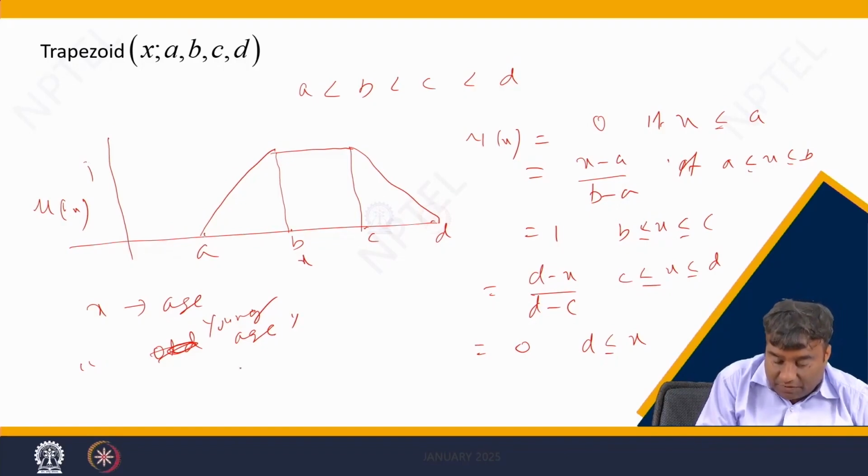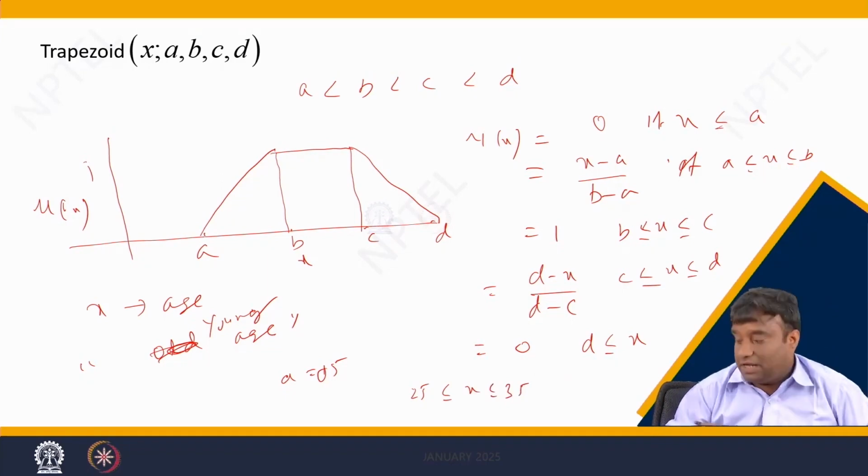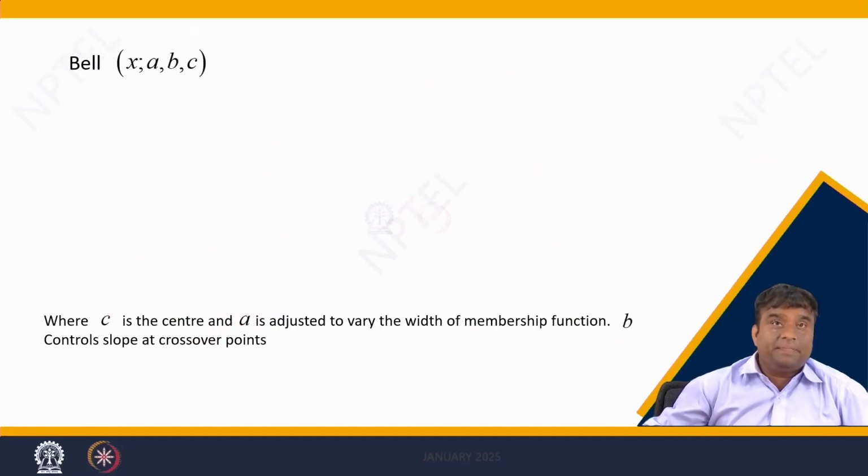So here you can say that a equal to 5 will be a child. Now from b to c, suppose it is 25 to 35, then it will surely be young age. After that they are going to old. So the set of young age can be represented in terms of a trapezoid chart.